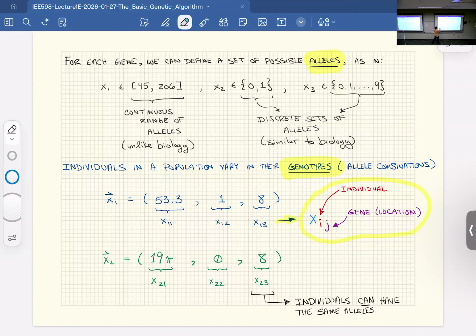Because one of the things about these is if you don't recombine, you can get things kind of correlated with each other. Like in order to get a 1, it's maybe always with this 53.3, because for some reason the 1 hasn't come up in the mutation or whatever, but it seems to be a pretty good value. But that 1 is always with this 53.3, and maybe that's a bad value.